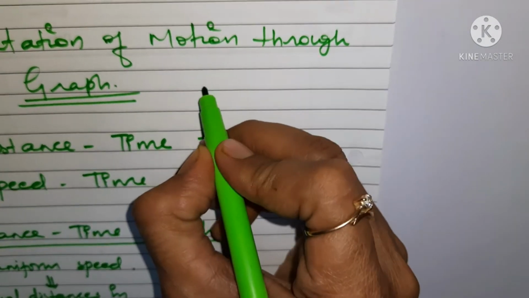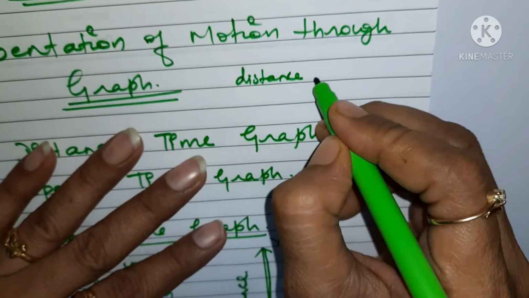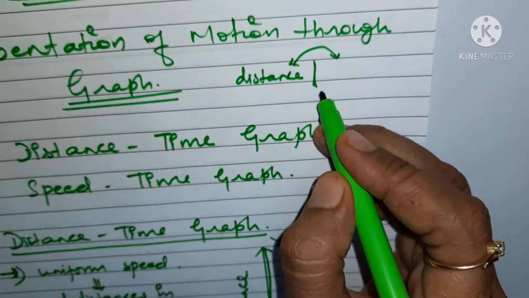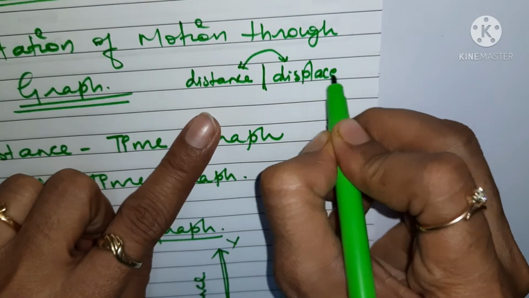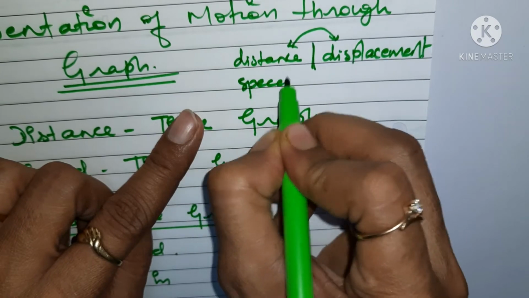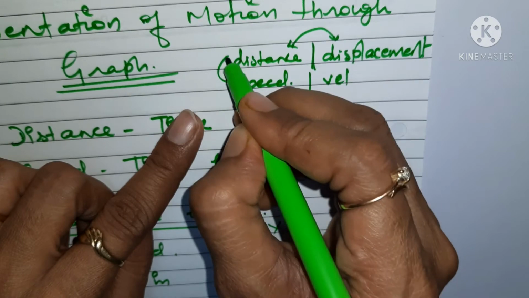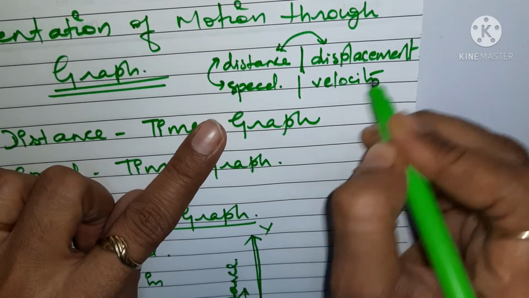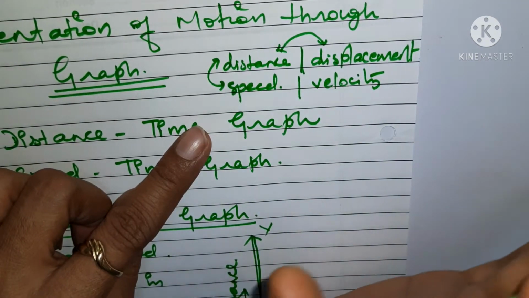Whenever I use the word distance, it can be used for displacement, and whenever speed is considered, it can be used for velocity. Distance is considered with speed, and displacement is considered with velocity, and the graphs for both cases are the same.